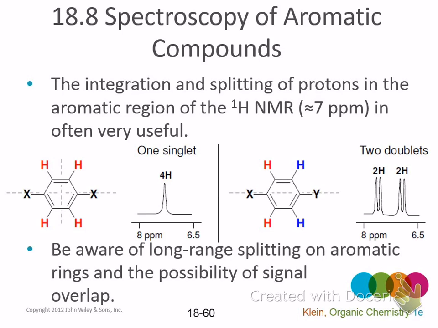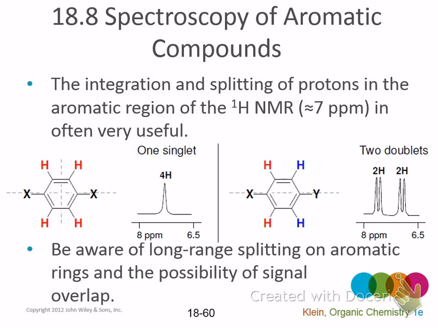So, carbon NMR. Oh, sorry. There's a couple of things I should point out. These are easy ones to do. If the molecule is symmetric, then each one of these hydrogens is exactly the same, so you would see one peak, right? 4 protons on it.